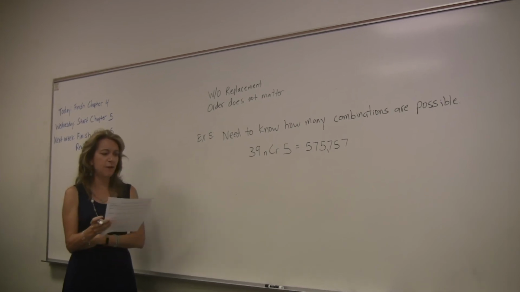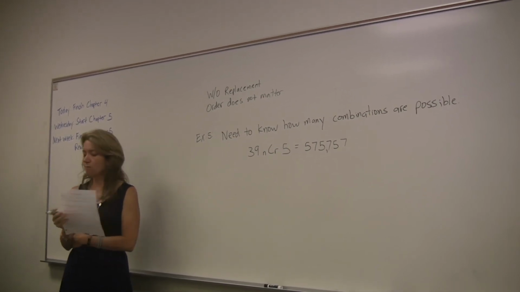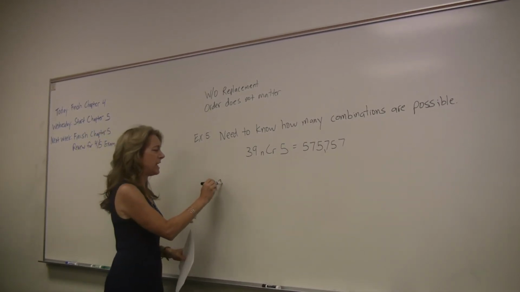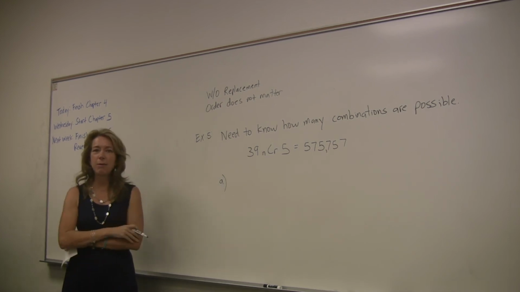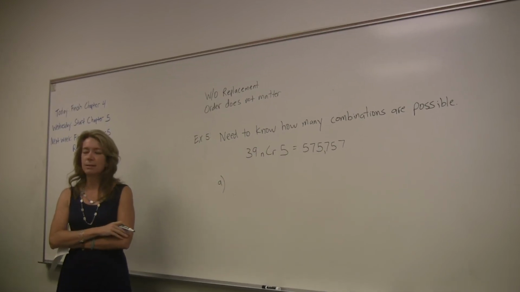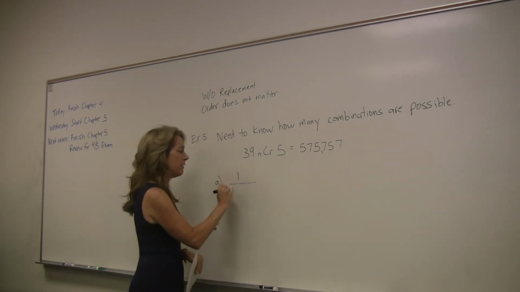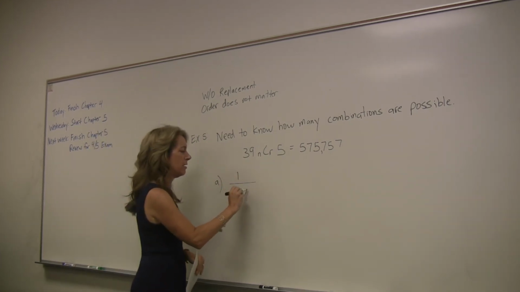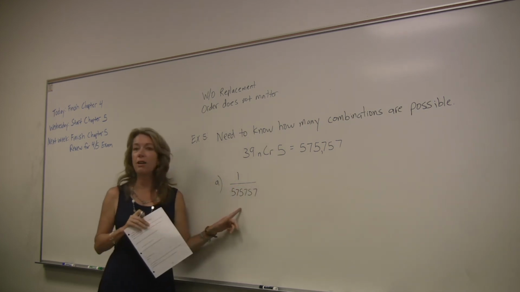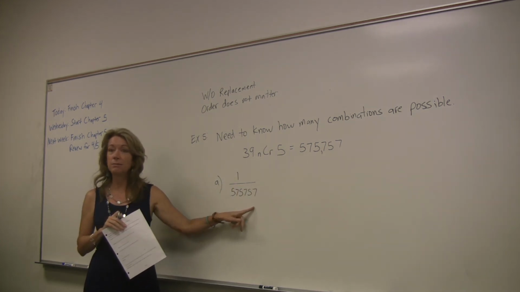What's the question asking for? The probability of winning the first time you play? So I played once. 1 over 575,757. Why is it 1 over? The first time you play is once. These are all the different combinations that are possible.